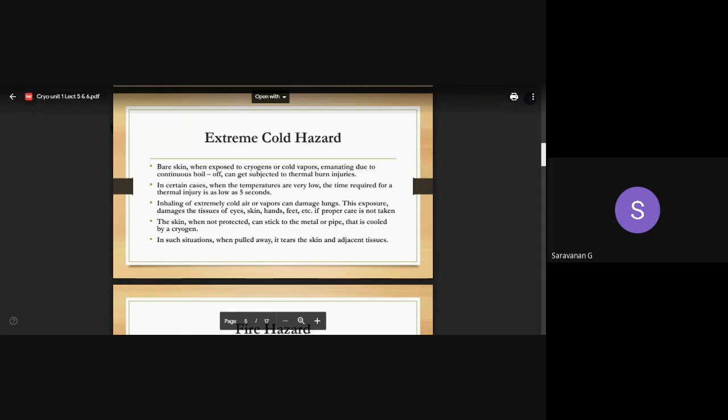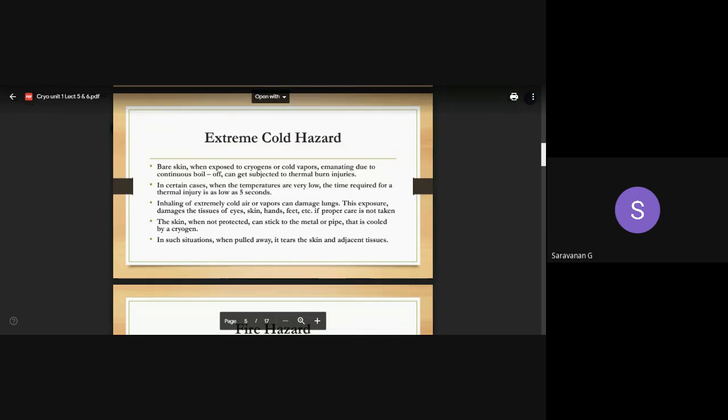When the temperatures are very low, the time required for this injury is also very short, around the range of 5 seconds.